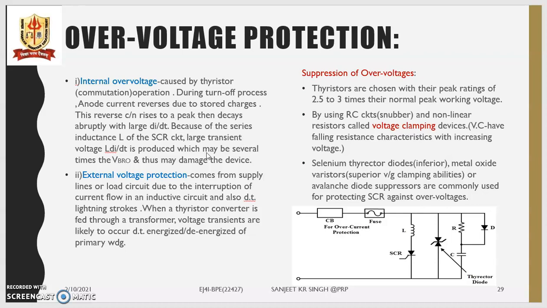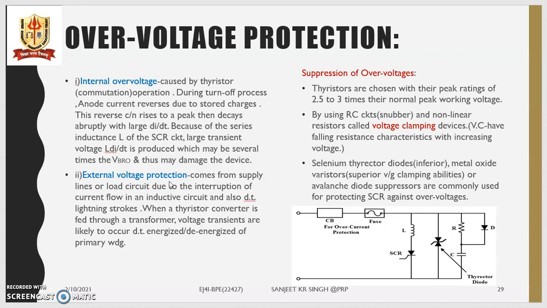And because of the series inductance L of the SCR circuit, a large transient voltage, that is L di by dt, is produced, which may be several times the reverse breakover voltage or breakdown voltage, and thus might damage the device.